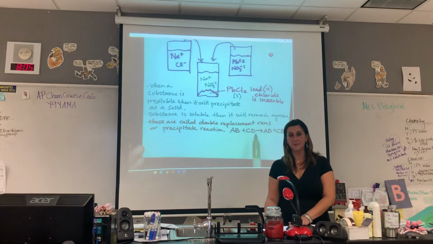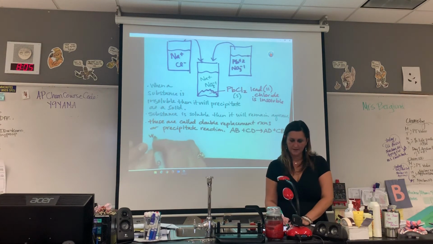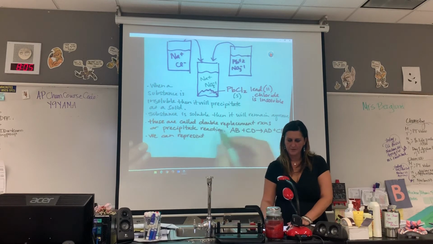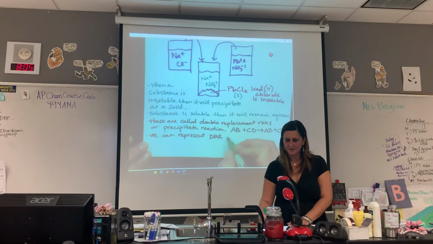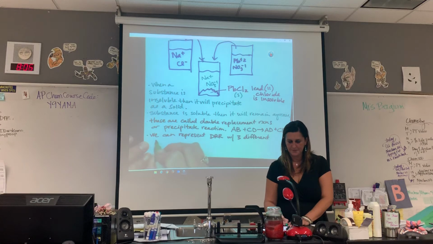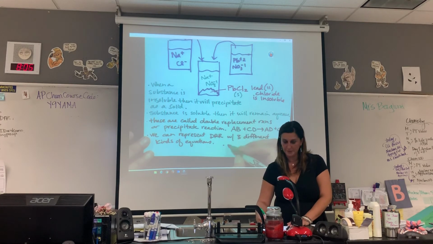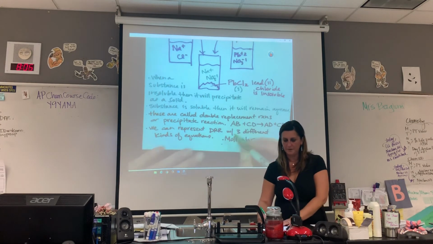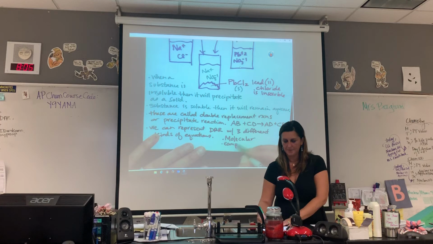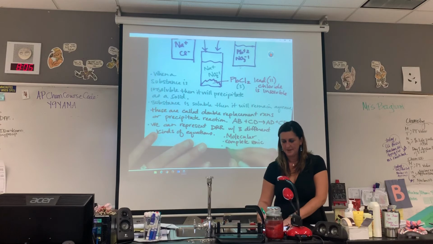Okay, so we know this is called a precipitation reaction, and we can represent double replacement reactions with 3 different kinds of equations. Okay, and those types of equations are, number 1 is molecular, number 2 is a complete ionic, and number 3 is a net ionic equation.